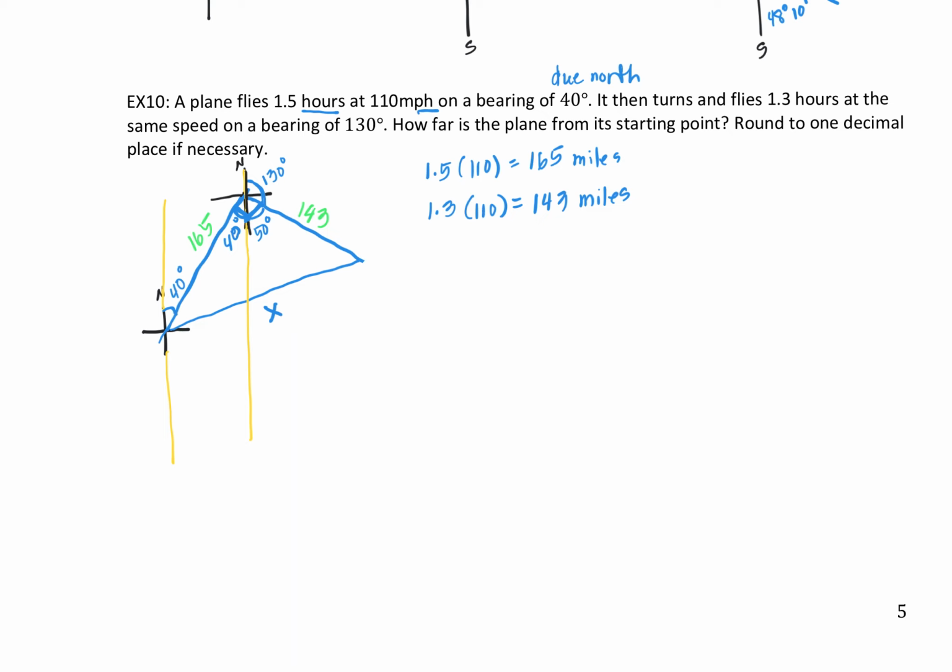So now that I know I have a right triangle, I don't even have to use any trig functions. I can simply use the Pythagorean formula to note that x squared, which is our longest side, that's our hypotenuse, it's across from the right angle, is going to be equal to 165 squared plus 143 squared, which means my x squared is going to be equal to 47674.